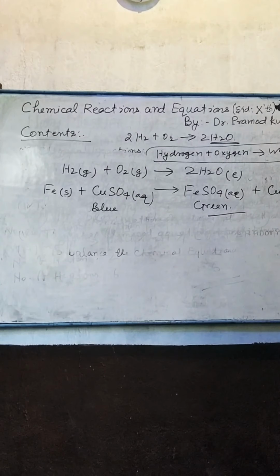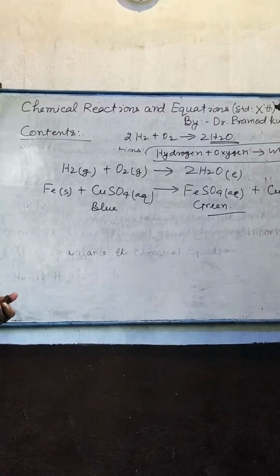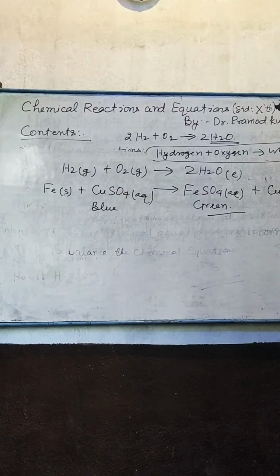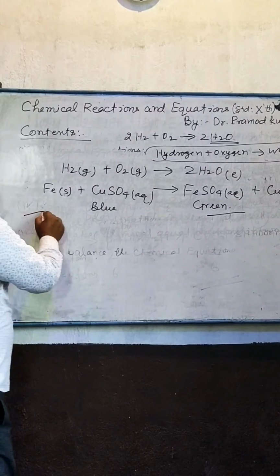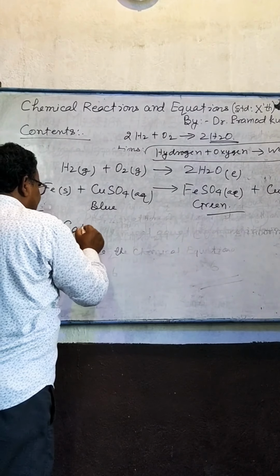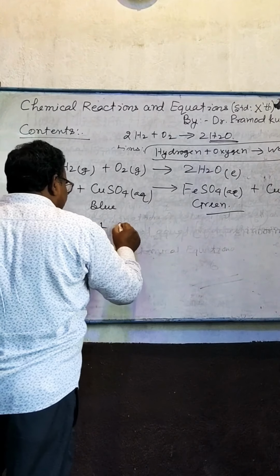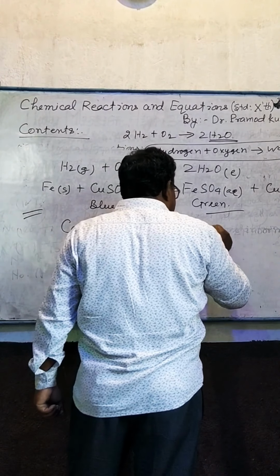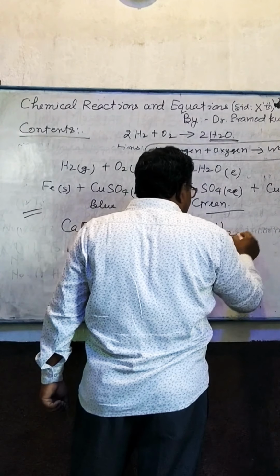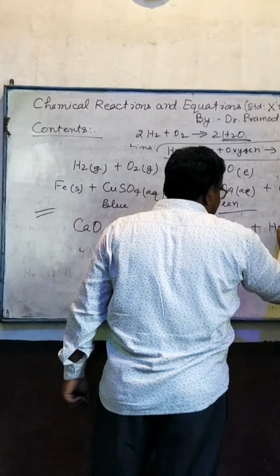Now we have to consider another chemical reaction in which there is a change in temperature. If we consider a chemical reaction that is calcium oxide plus H2O forms calcium hydroxide and heat.